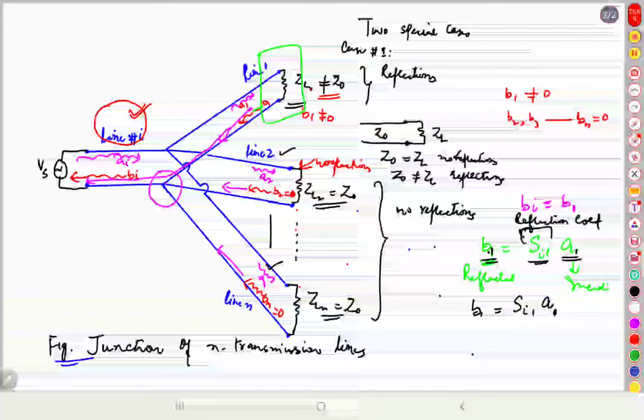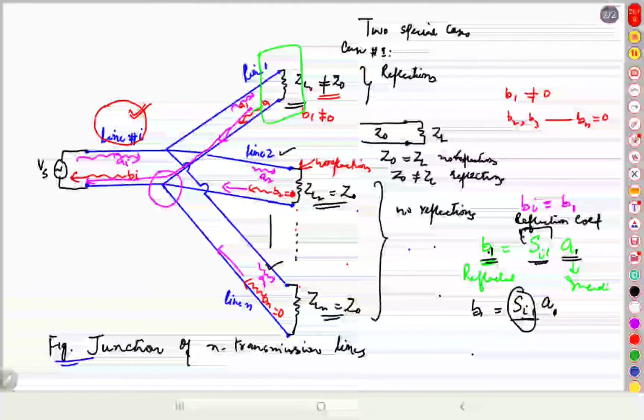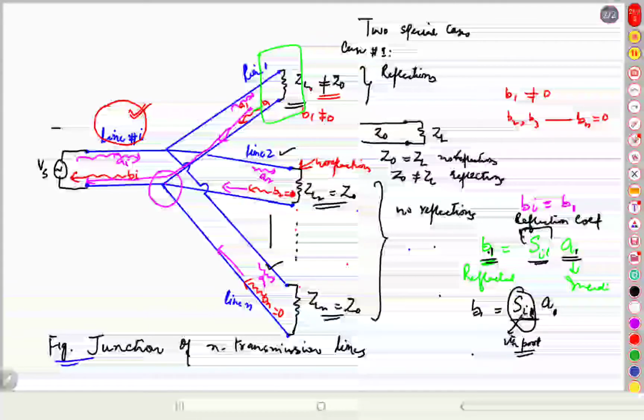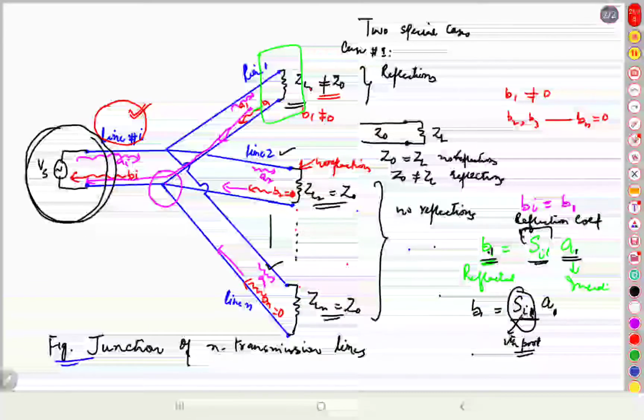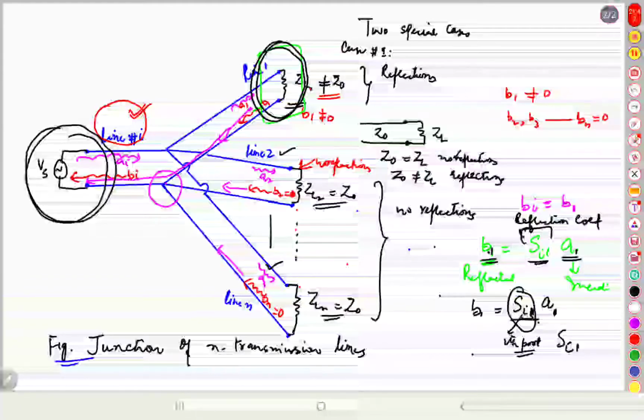As far as the subscripts I and 1 in SI1 are concerned, this means that reflections are from port 1 when the source is connected at the ith port. We have connected the source at the ith port, and the reflections are from the load connected to port 1. So we designate it by SI1, with 1 standing for reflections coming from port 1 and I standing for the source connected at the ith port.